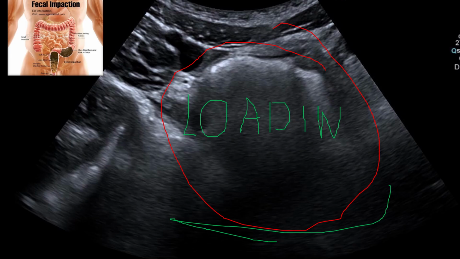When someone is constipated and having fecal loading, this is the morphology or the configuration that you expect to see. So this is fecal loading.